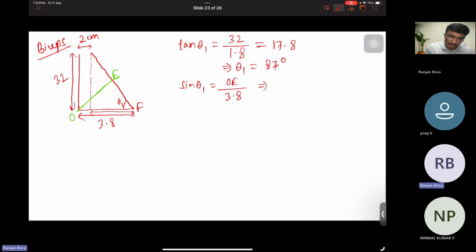So from here, OE is 3.8 into sine of 87. It is coming 3.79.